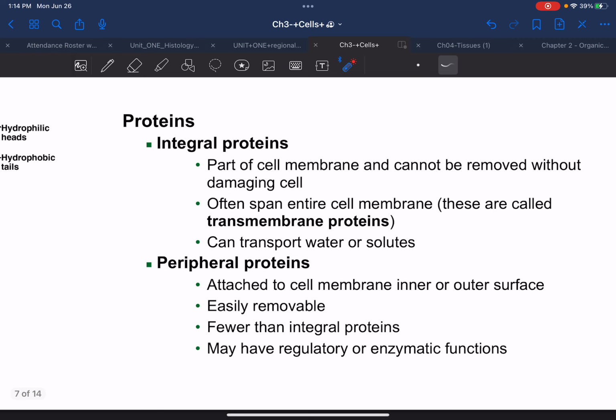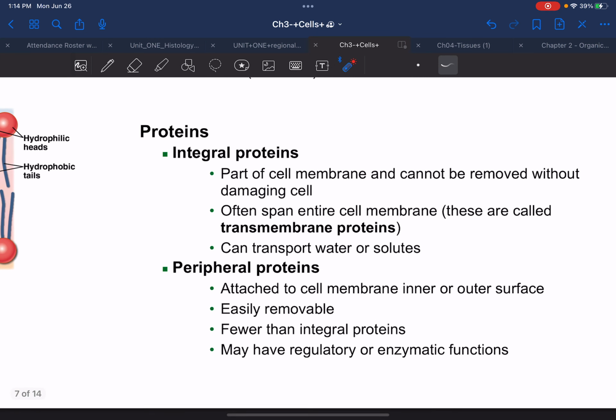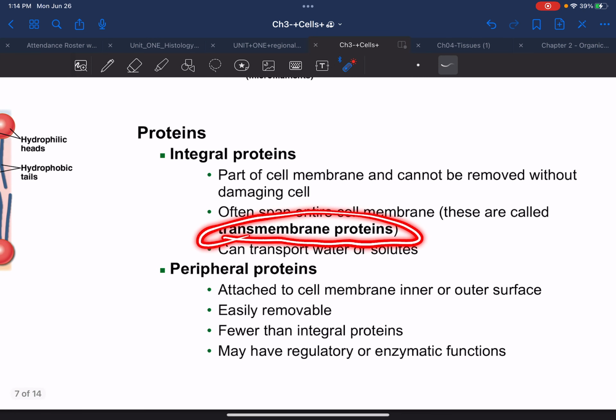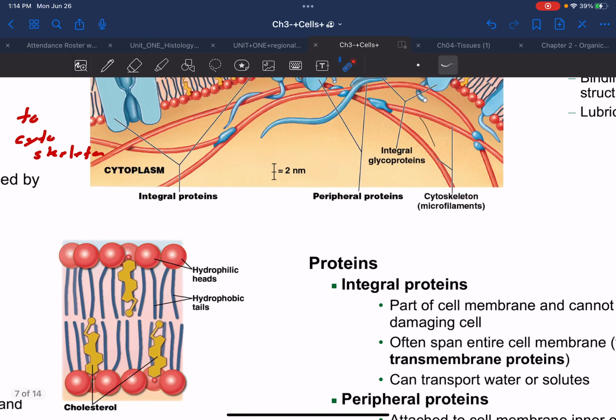And sometimes if they go through the entire membrane, meaning that they go from this side to this side, they're considered transmembrane. So it's sort of an adjective to describe a protein. And they're capable of transporting substances. As we look at this one here, for example, you can see this open channel, which allows materials to enter into the cell as necessary.